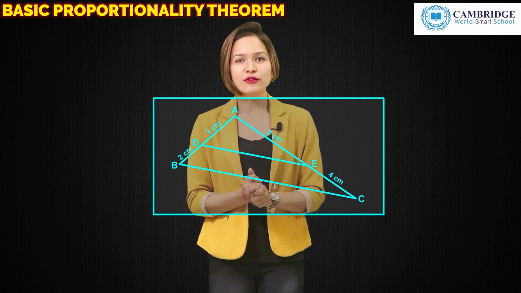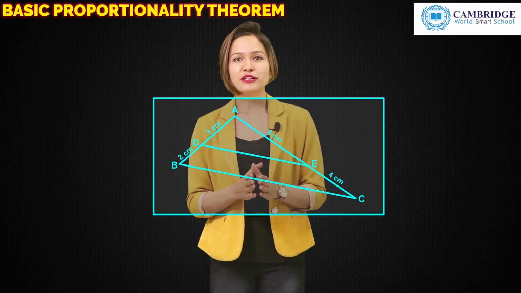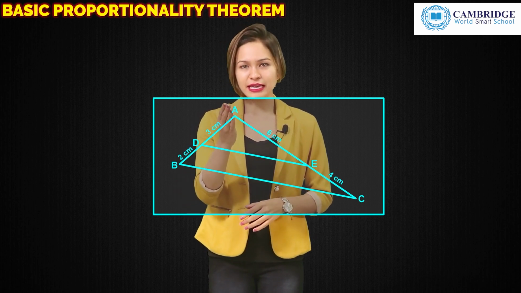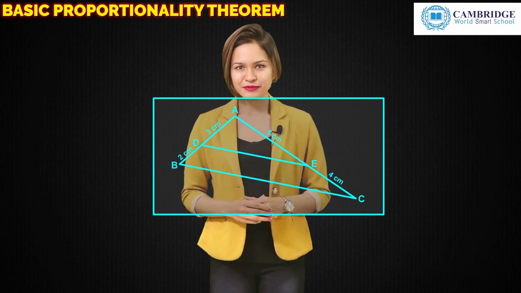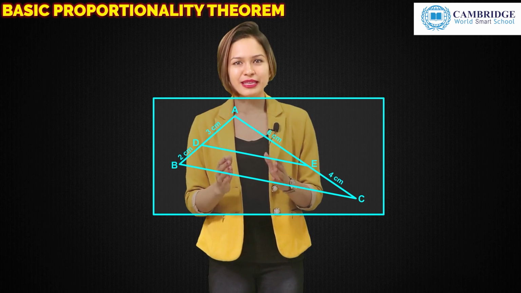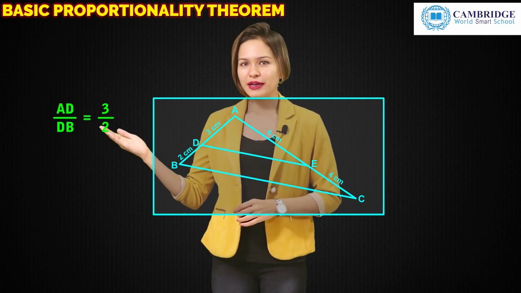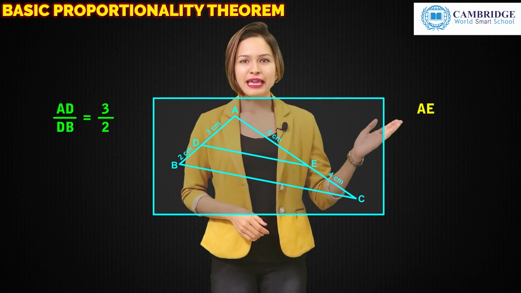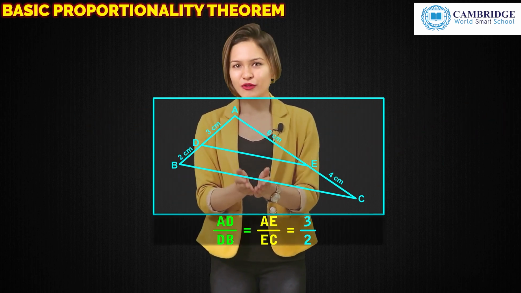Can you formulate the relation between the sides so measured? Try to find the ratio of AD and DB and that of AE and EC. Yes, AD upon DB is equal to 3/2 and AE upon EC also comes out to be 3/2.